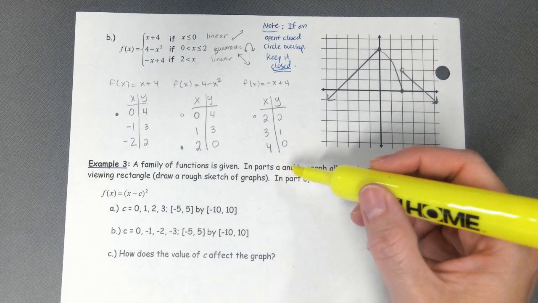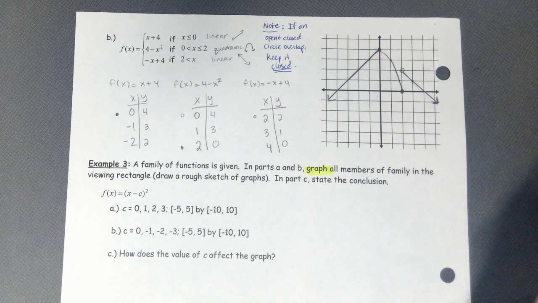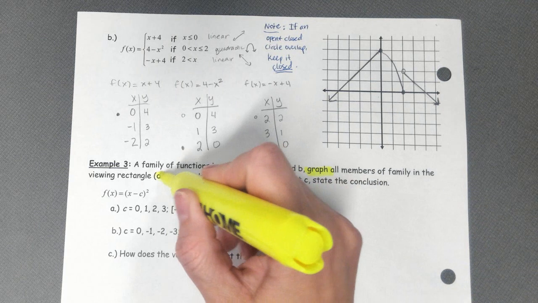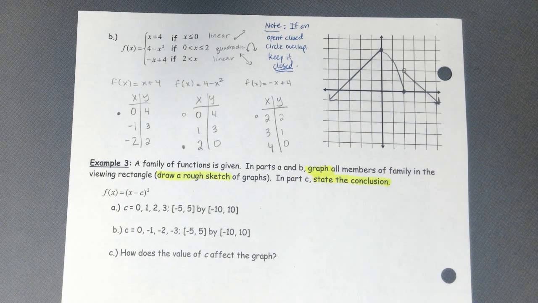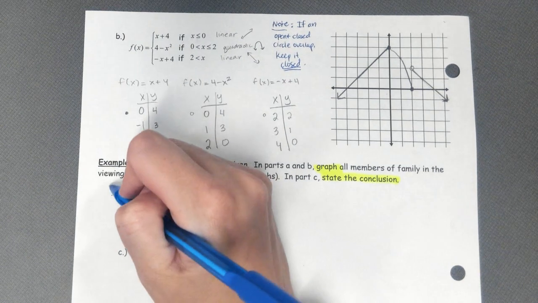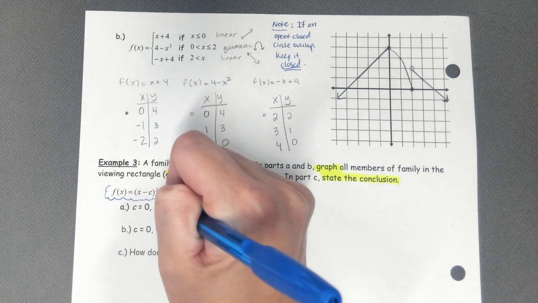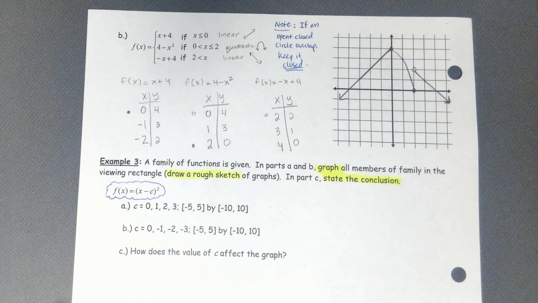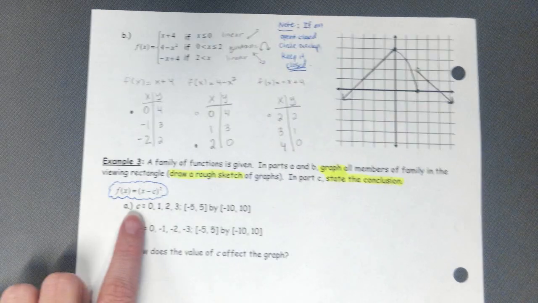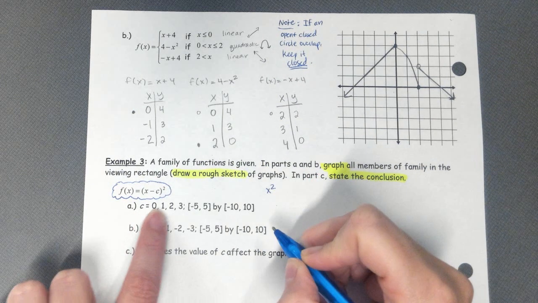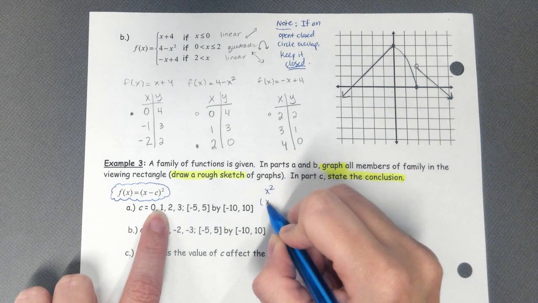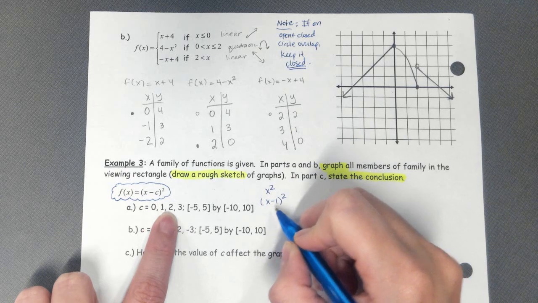Okay, so in parts A and B, we're going to graph all the family members. We'll draw a rough sketch, and then we'll state the conclusion. Okay, so this is your function family, so they're all going to be part of the quadratic family here. Okay, so if C was 0, you would just have x squared. If C was 1, you'd have x minus 1 squared.